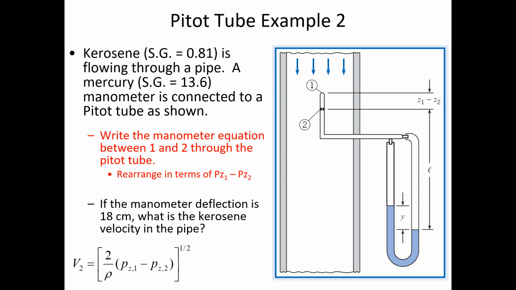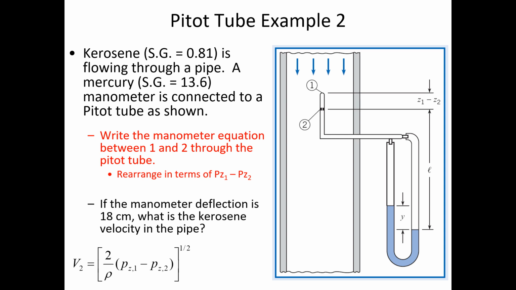And so here in parentheses, I'm going to say L minus y times the gamma of kerosene is equal to P2. So this is just working down versus up, pressure increase versus decrease, finding the pressure at 1 in terms of the pressure at 2 and all of the changes in between.